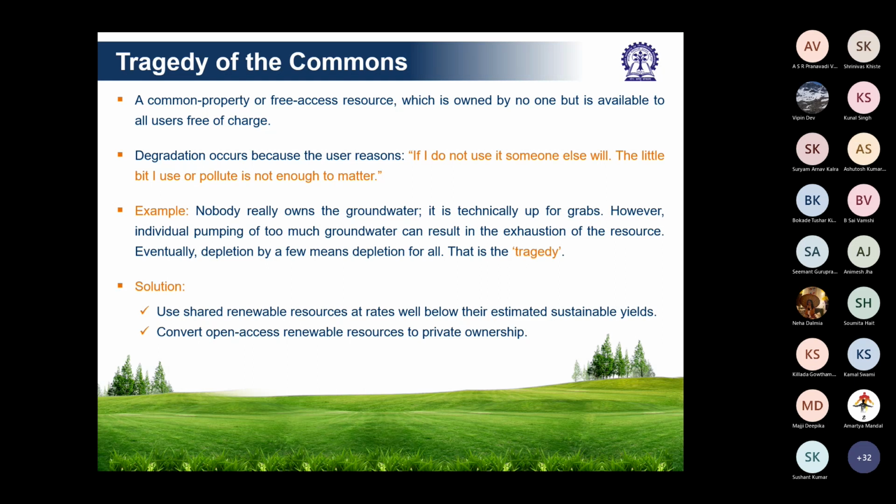So the little bit that I use or pollute is not enough to matter, and anyway, it is a renewable resource. Okay, so see, this logic will work when the number of users is small. But eventually what will happen, the cumulative effect of many people trying to exploit a shared renewable resource can exhaust or ruin it. Okay, so then no one can actually benefit from it, and that is what we call the tragedy.